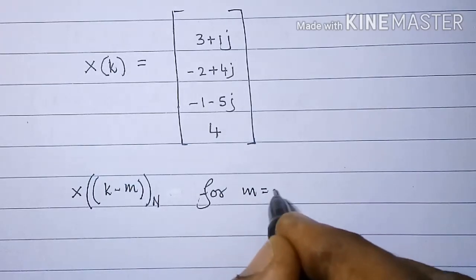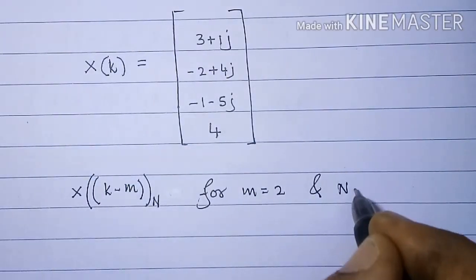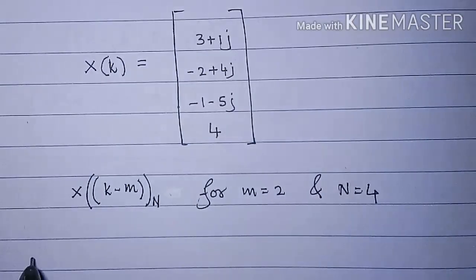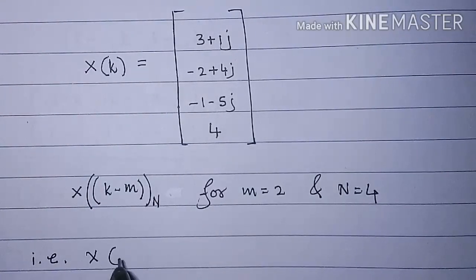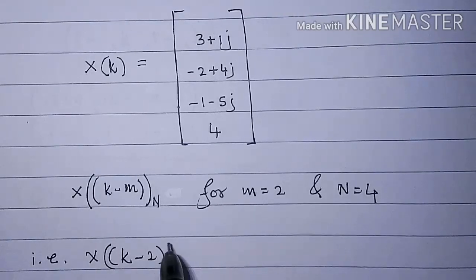For m equal to 2 and N equal to 4, that is X of k minus 2 mod 4.